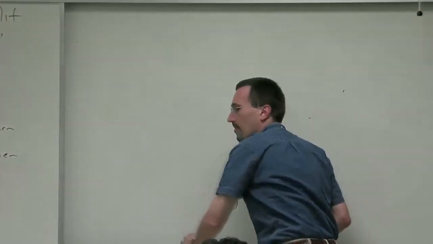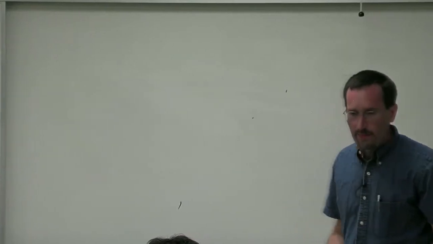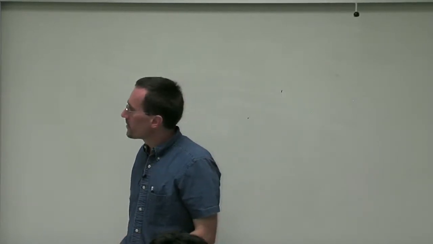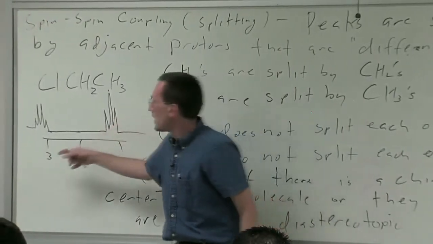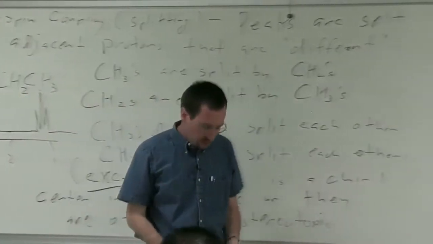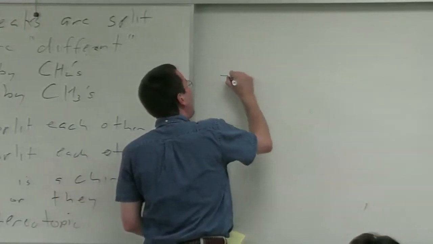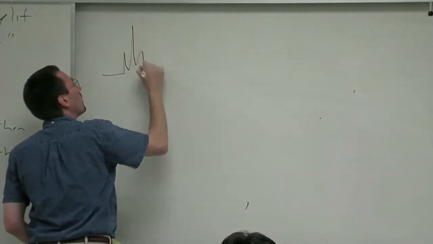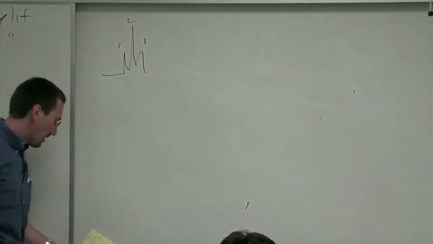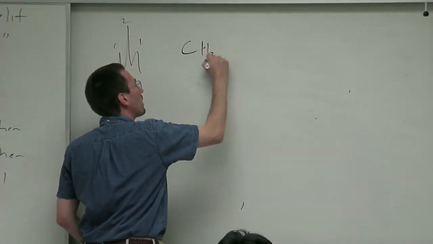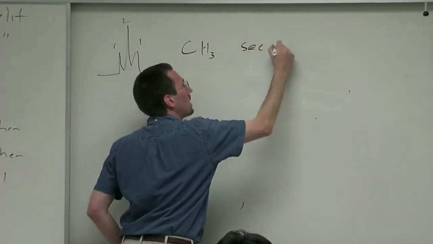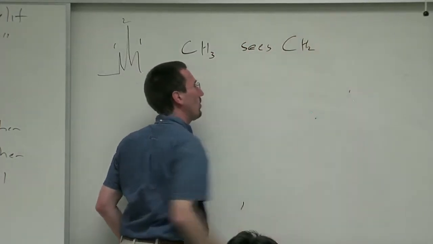All right, before we come to this very important concept of diastereotopicity, let's tackle this basic notion of the 1 to 2 to 1 triplet and the 1 to 3 to 3 to 1 quartet. So we have a triplet, and it's 1 to 2 to 1. It comes from the CH3, and it sees the CH2.